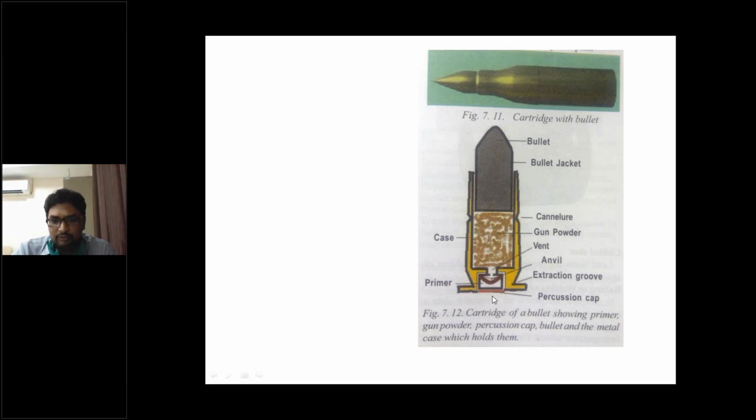Then we have the percussion cap, where the firing pin will hit the primer, and the extraction groove, by which we can remove the cartridge from the barrel of the gun after firing.